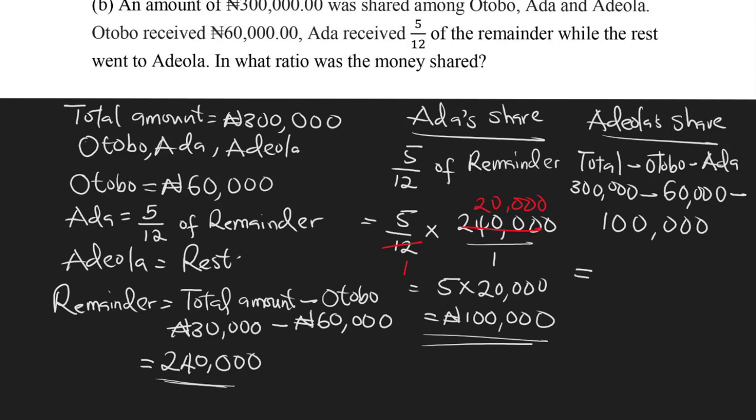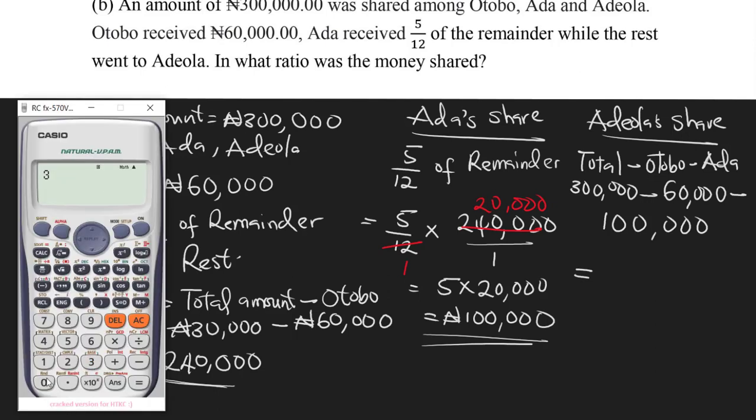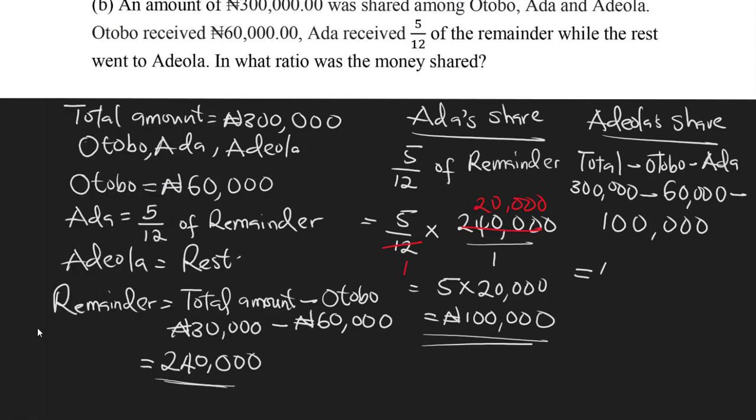So let's use our calculator. 300,000 minus 60,000 minus 100,000 is actually 140,000. So Adiola actually received 140,000 naira. So that's Adiola's share.